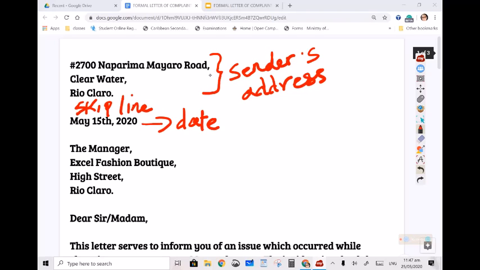Now notice again how we used punctuation, which is important, and a lot of students leave out these things. We used punctuation and separated all the different aspects of the address, and the date was simply written. We made sure to skip a line between the sender's address and the date.